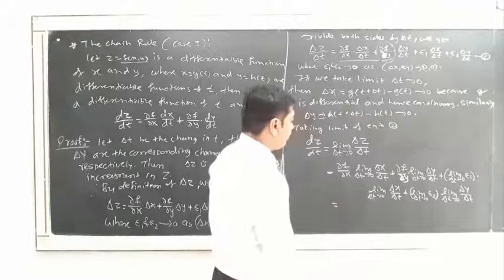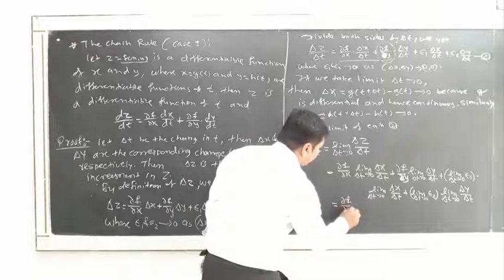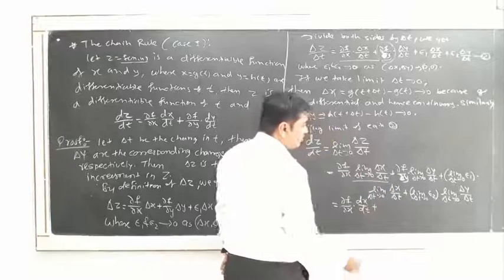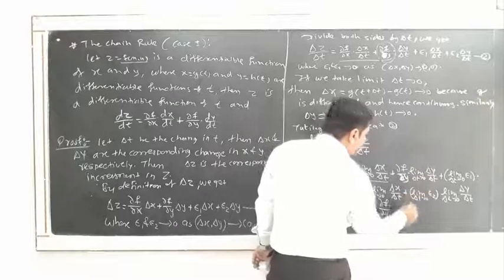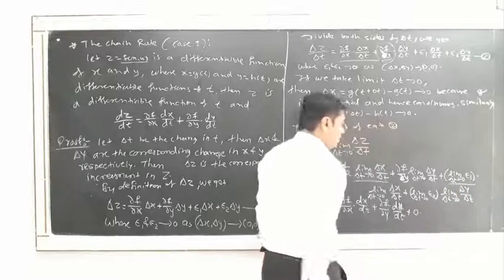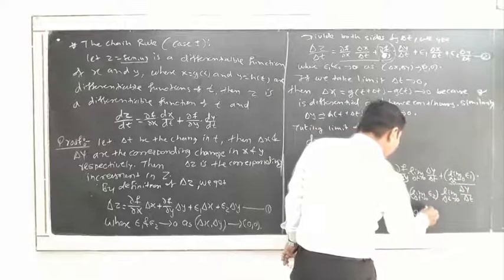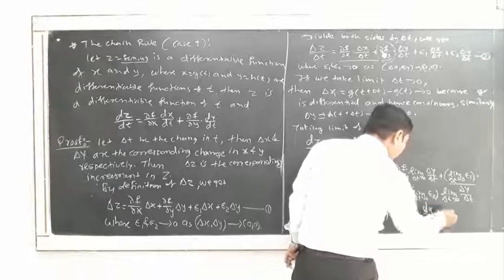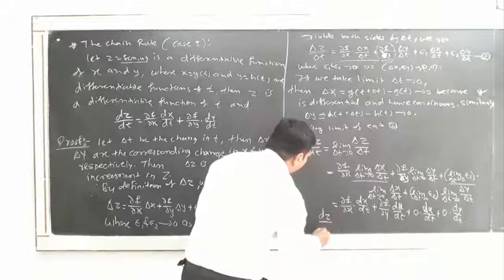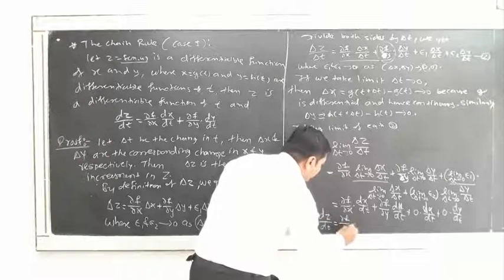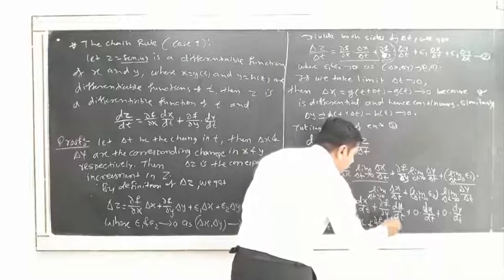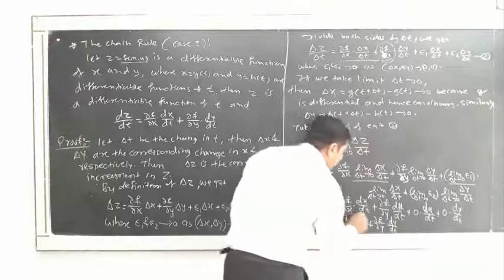And now write the definition: del f by del x into dx by dt plus del f by del y into dy by dt, plus this limit is 0 into dx by dt plus 0 into dy by dt, and therefore we get dz by dt is equal to del f by del x into dx by dt plus del f by del y into dy by dt, and this is the completion of the proof.